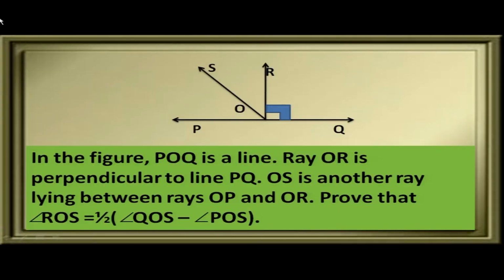In the figure, POQ is a line, ray OR is perpendicular to line PQ, OS is another ray lying between rays OP and OR. Prove that angle ROS is equal to half of angle QOS minus angle POS.